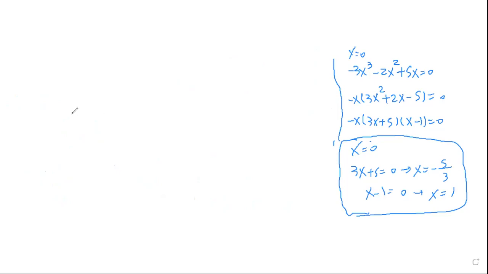Makes sense? Yeah, of course. Now we go graph. First point of intersection, 0, 1, -5/3, -2, negative 2, -5/3.